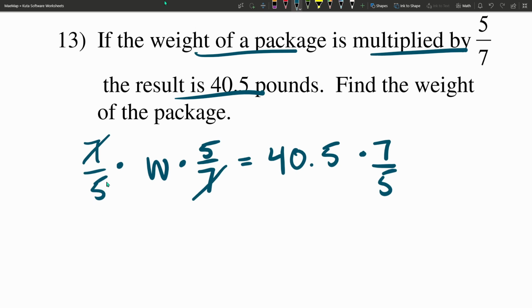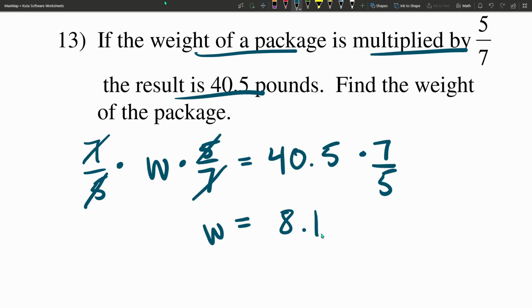7 divided by 7 is 1, 5 divided by 5 is 1, so W is isolated on my left-hand side, and that's equal to 40.5 times 7/5. Now before, when we dealt with decimals multiplied by a fraction, I multiplied first. But in this instance, I'm going to divide first because I know that 5 is going to go into 40.5, because think about it. 5 goes into 40 8 times, and 5 goes into 5 once.